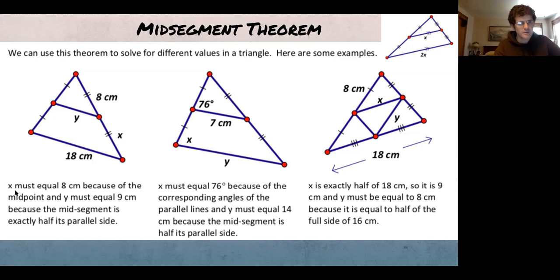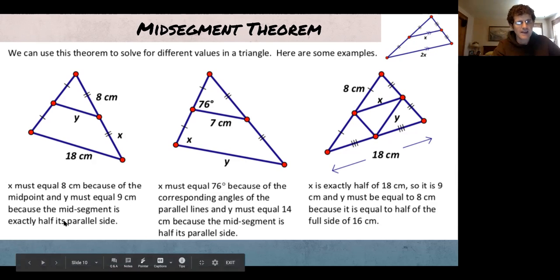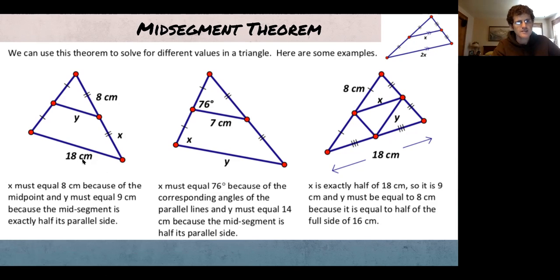X must equal 8 centimeters because of the midpoint. And Y must equal 9 centimeters because the mid-segment is exactly half its parallel side. So if this is 18, it's just dividing by 2 and we get 9. That's how we get the answer for the mid-segment, just like we did with that paper cup.